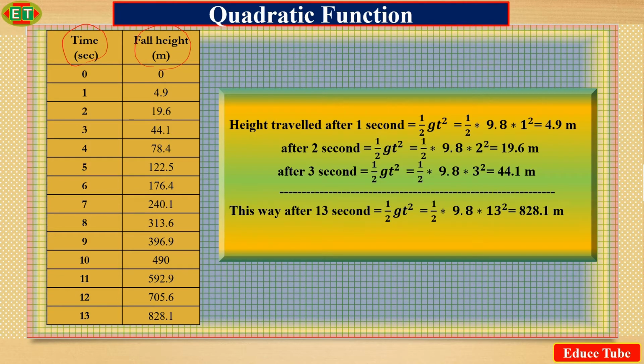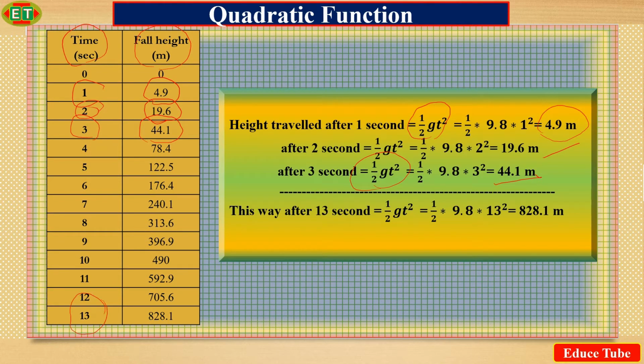So after 1 second, the object travels 4.9 meter because we get it from the formula half g t square, equal to 4.9 meter. Now after 2 seconds, it is 19.6. We can see it here. After 3 seconds, it is 44.1 meter. Using this equation, we get this.